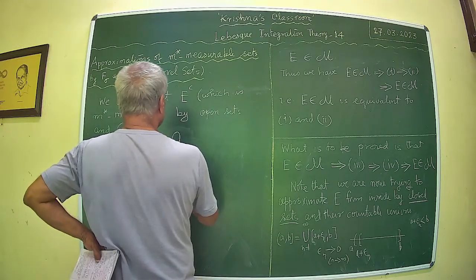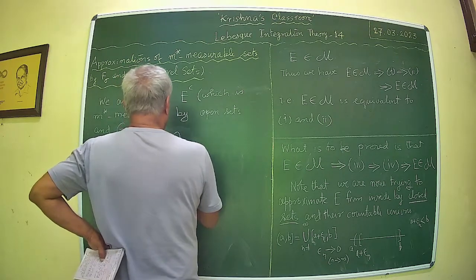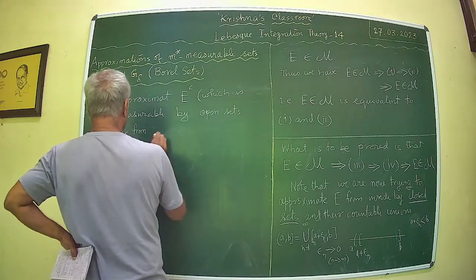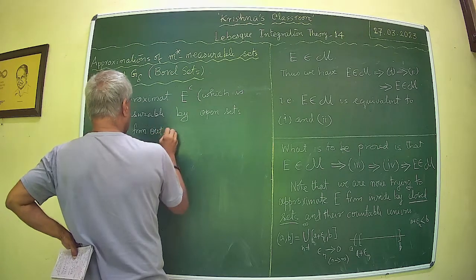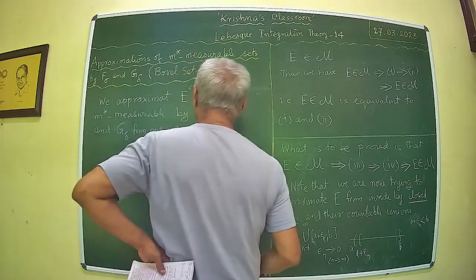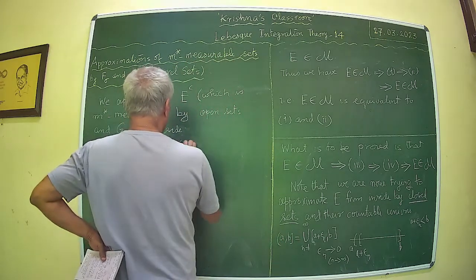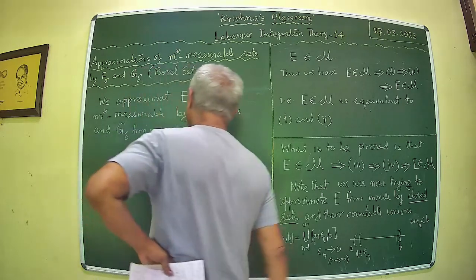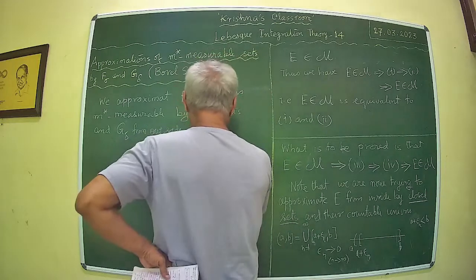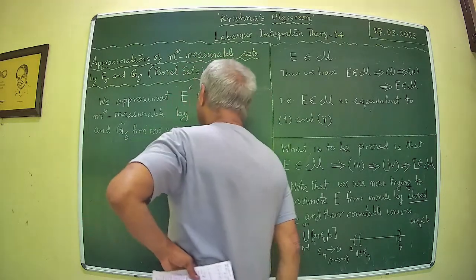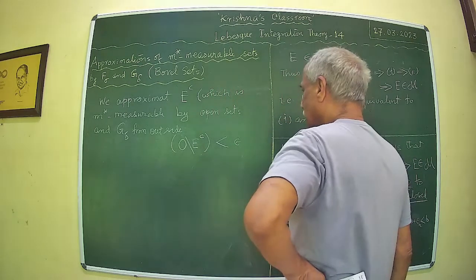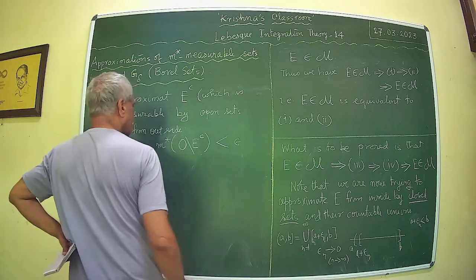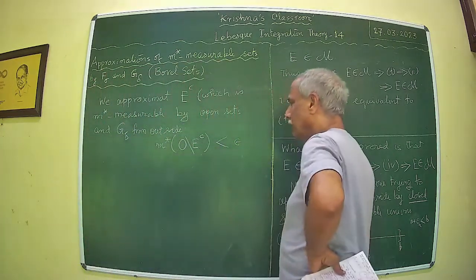Therefore, there exists an open set O such that M star of O slash E complement is less than epsilon.